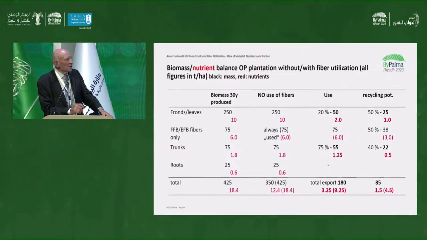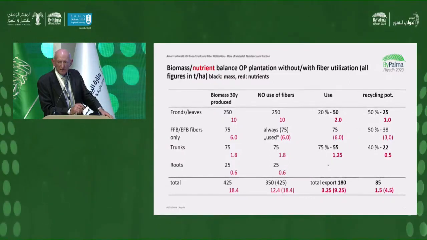The third column is if we use a certain part, and our strategy was we use 25% of the leaves and fronds, and 75% of the trunks at the end of the life cycle.